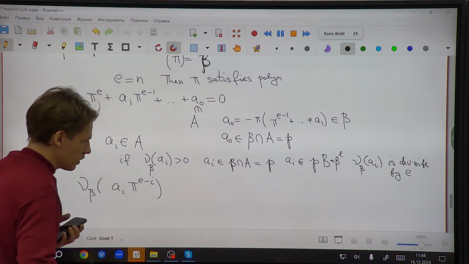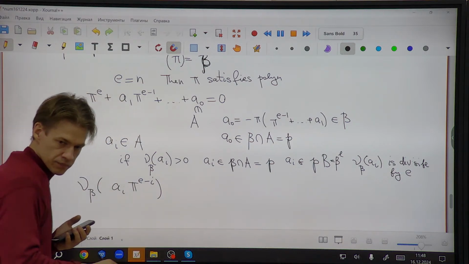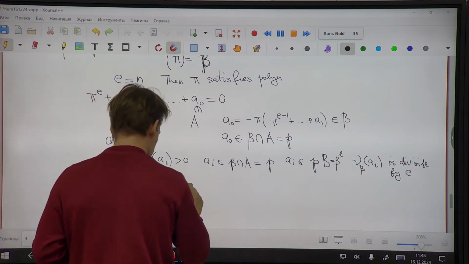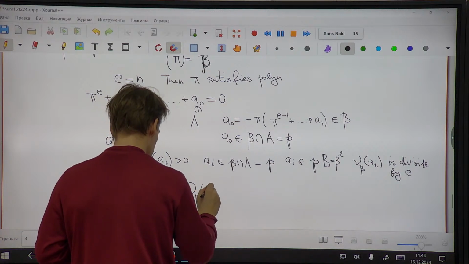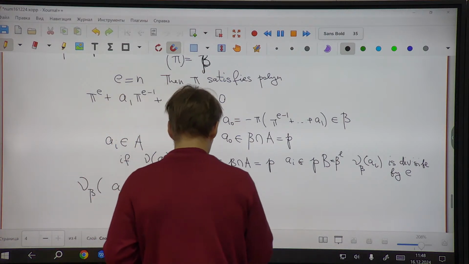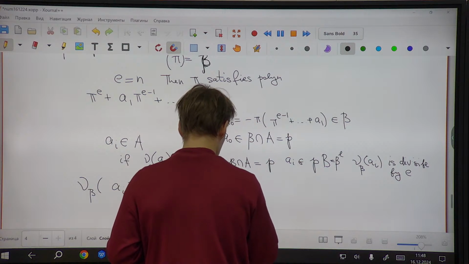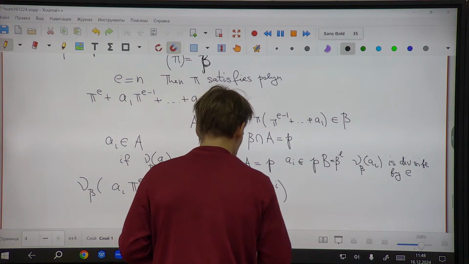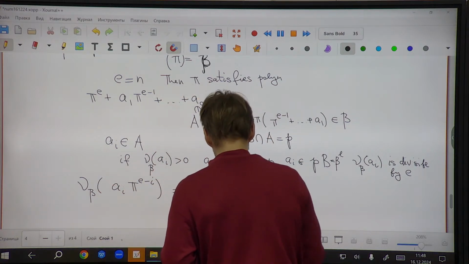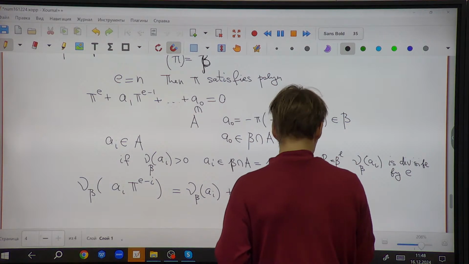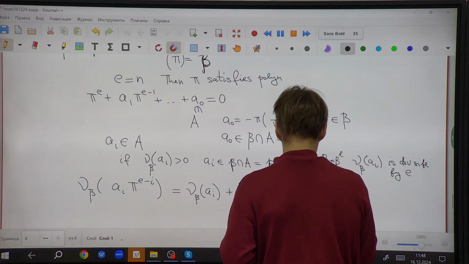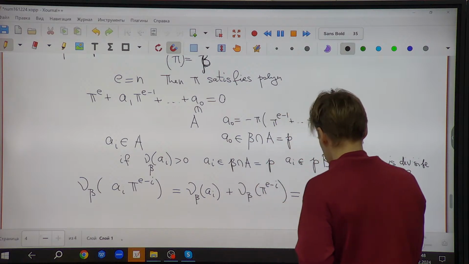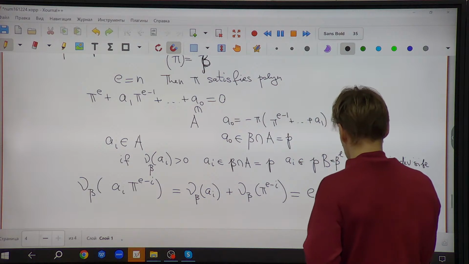So this is a valuation of the form E times ki, where ki is an integer, plus E minus i.